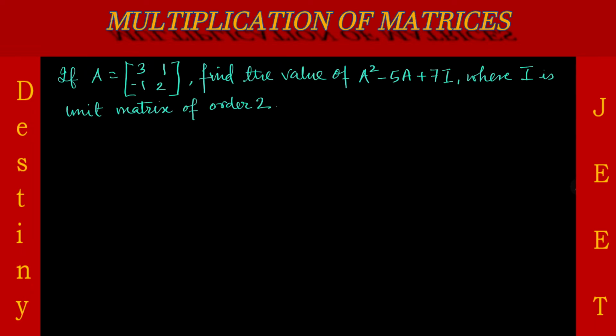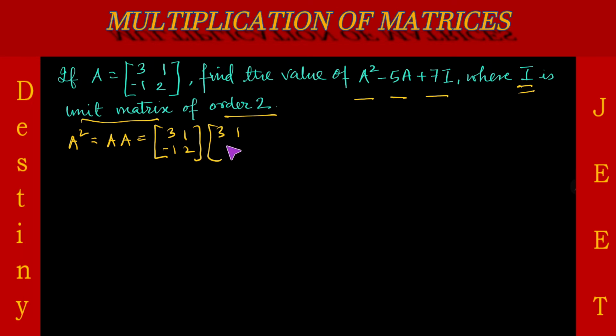Next question. If A is equal to this, find the value of A square minus 5A plus 7I, where I is the unit matrix of order 2. Let us see this question. A square is equal to, what can we write? A into A, it gives you 3, 1, minus 1, 2, again 3, 1, minus 1, 2.